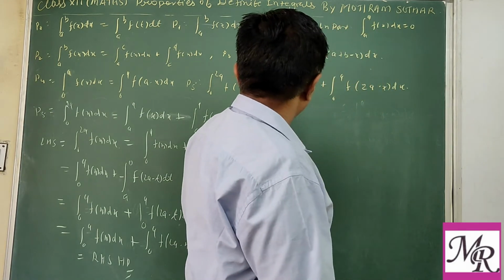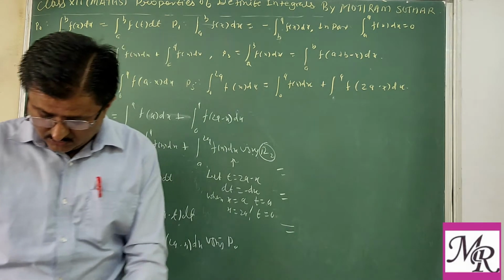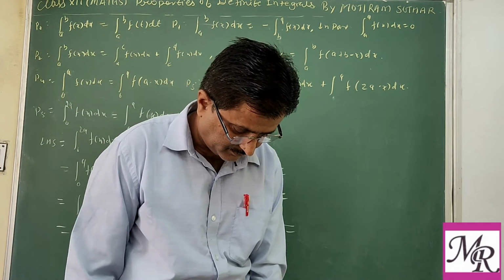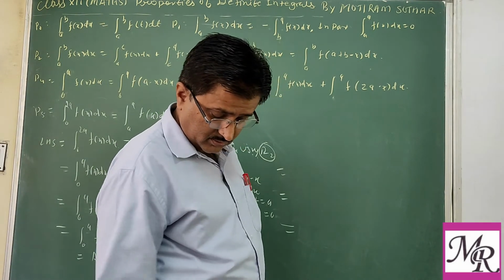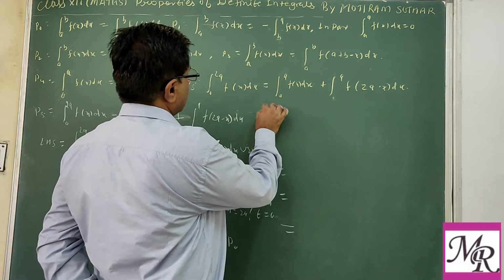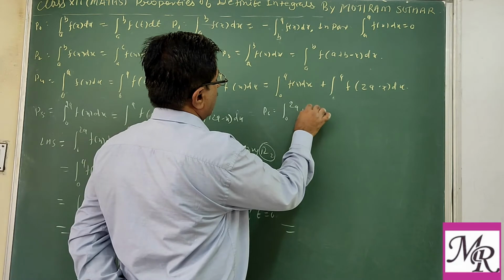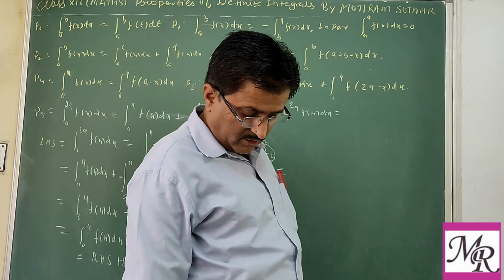Now we have one more, that is P6. So property 6 is the integral from 0 to 2a of f(x) dx, which we have already proved.